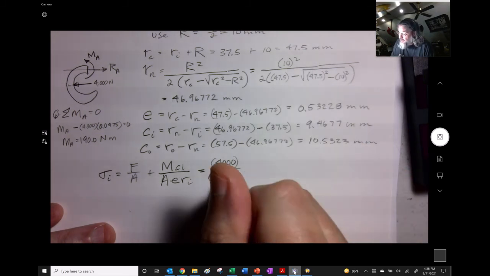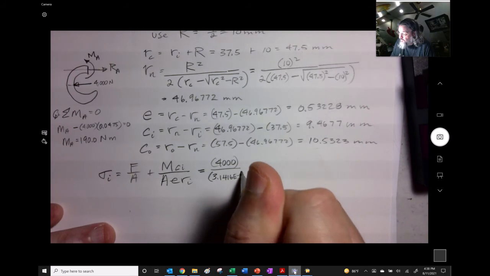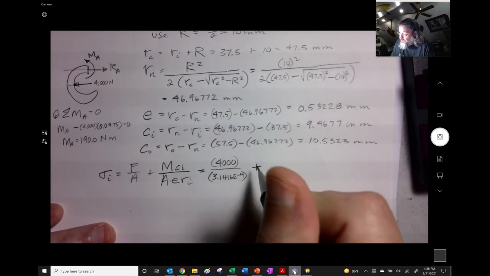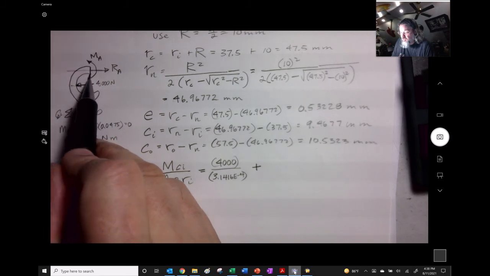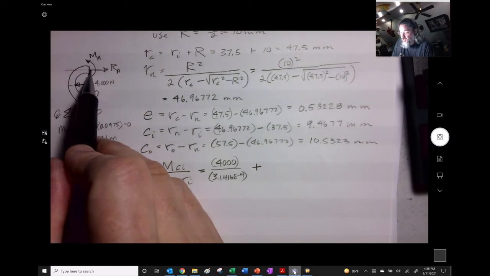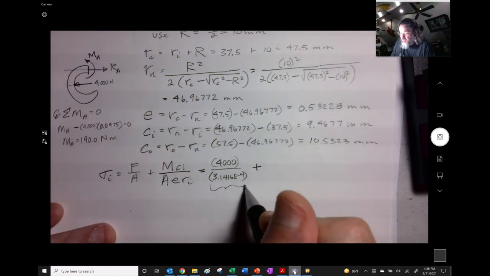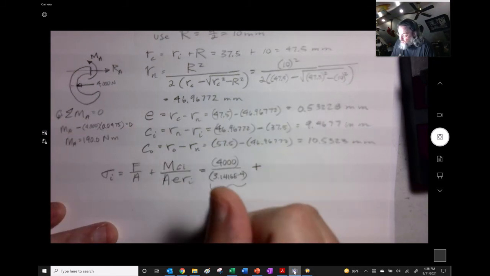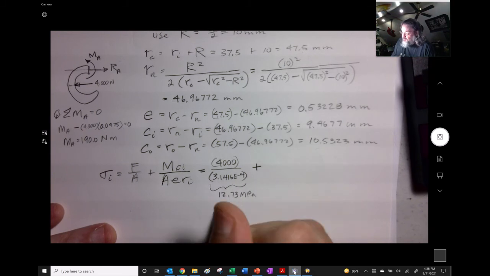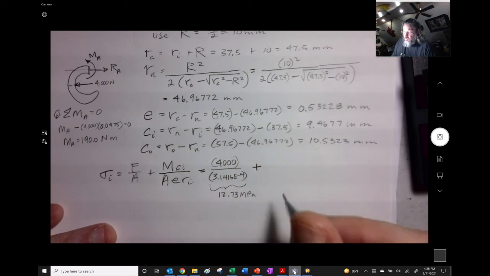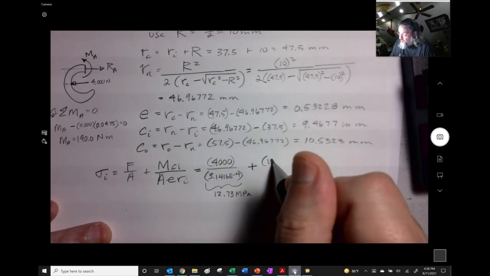The area we calculated at the top is 3.1416 E minus 4. And that is going to be tension, and the inner one is also going to be tension, so this is going to cause tension to be positive and positive. As a little in-between step, we note that that's 12.73 megapascals in tension, and this is 190.